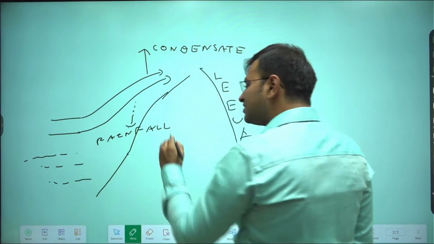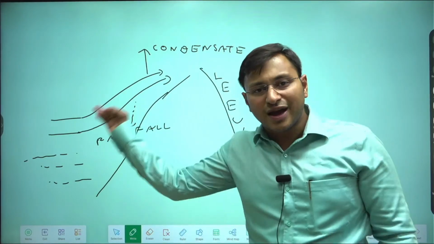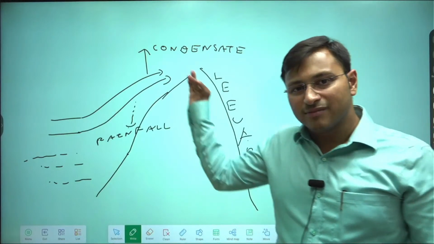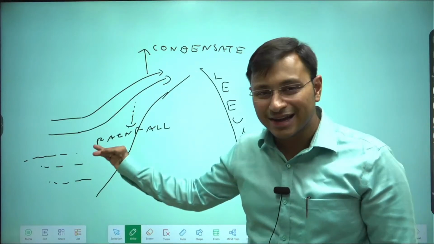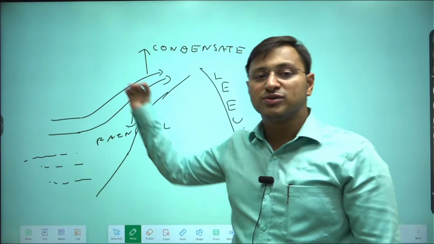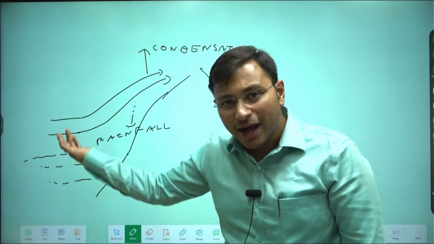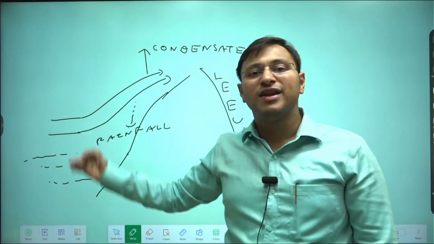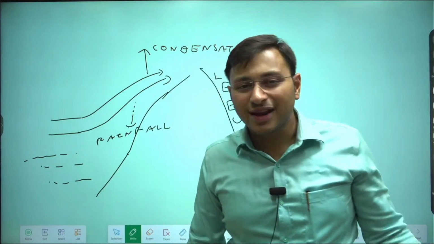So now just imagine globally, wherever you have this kind of arrangement where mountains are acting as orographic barriers to the incoming wind, what will happen on this side? You will have evergreen rainforests.